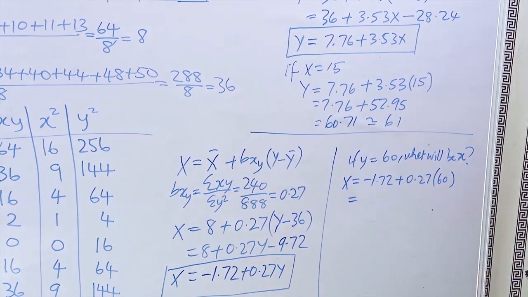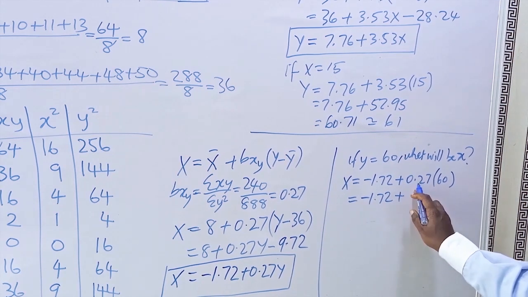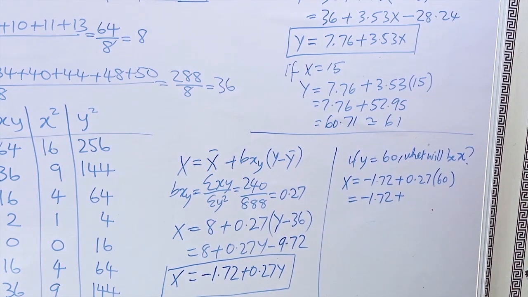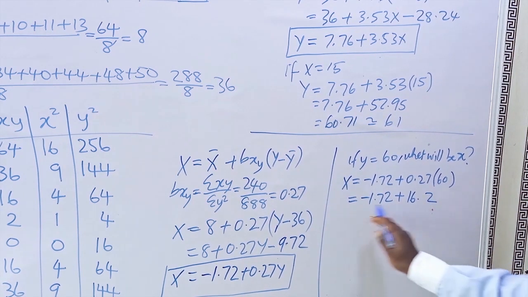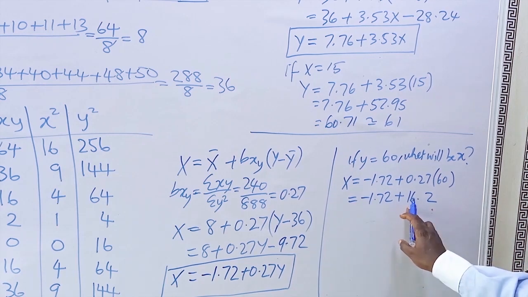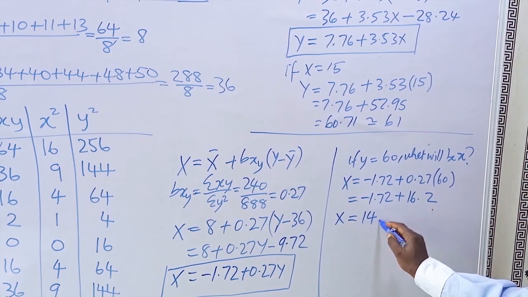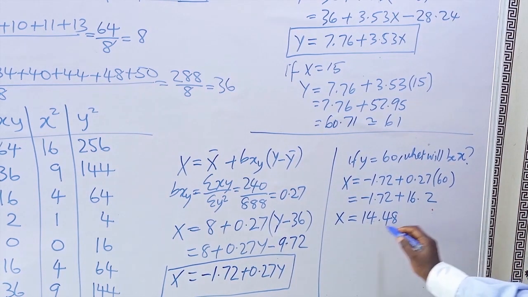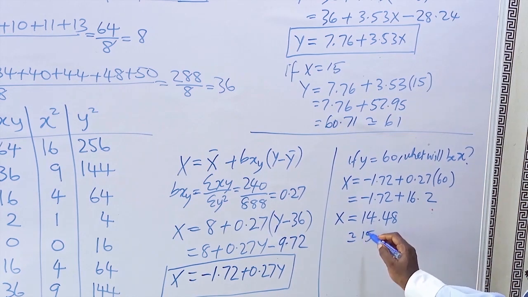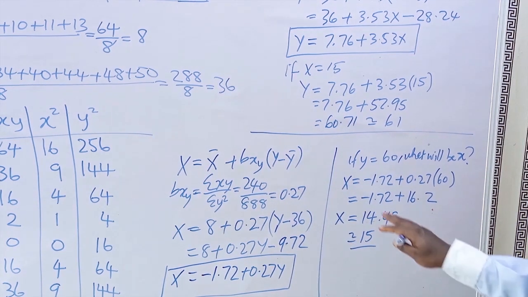So this becomes minus 1.72 plus 0.27 times 60. We have 16.2. And then if we add this together, this is negative and this is positive, we are going to have x as 14.48, and we can say it's approximately 15.